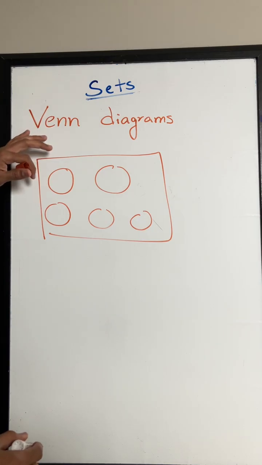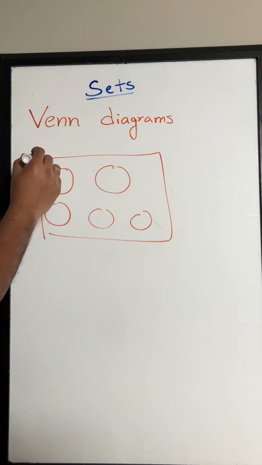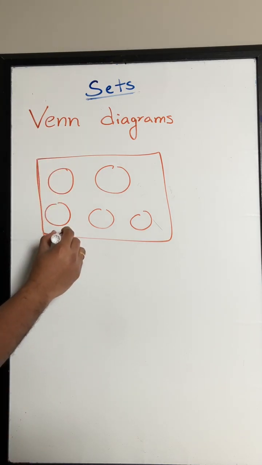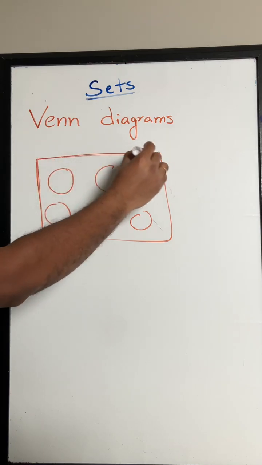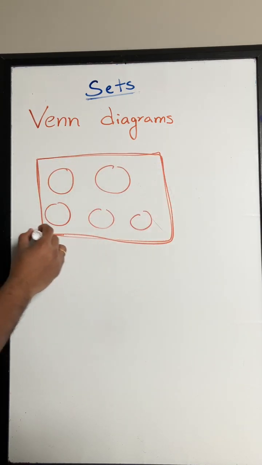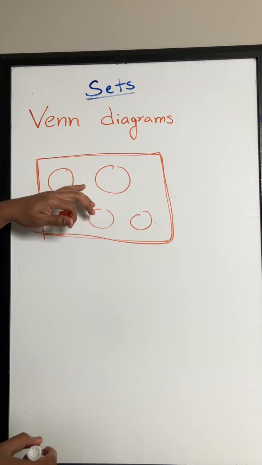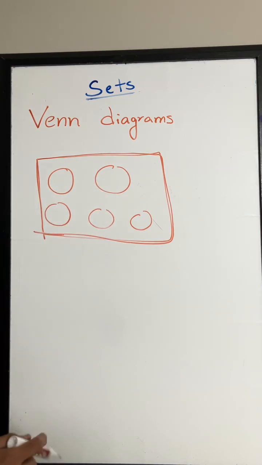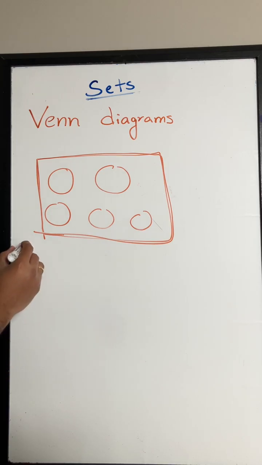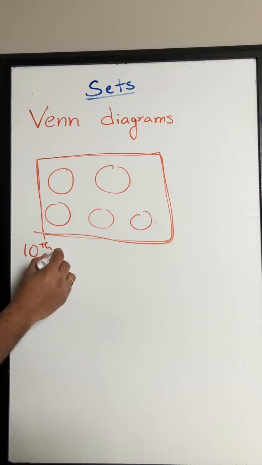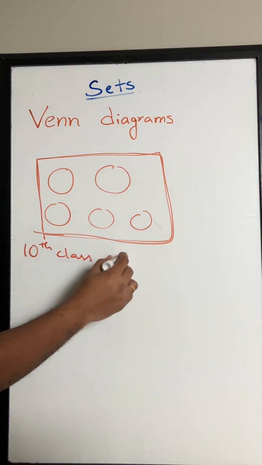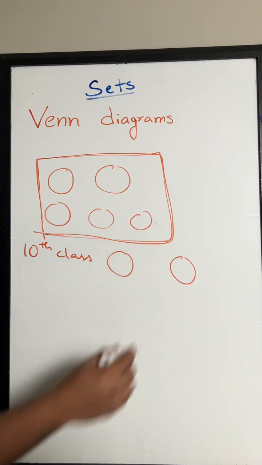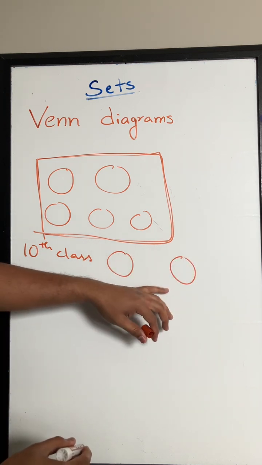So this Venn prepared a big box. He assumed this box, we will see the elements in this one. And these circles, generally in your 10th class, you deal with two circles only, not many, only two circles.